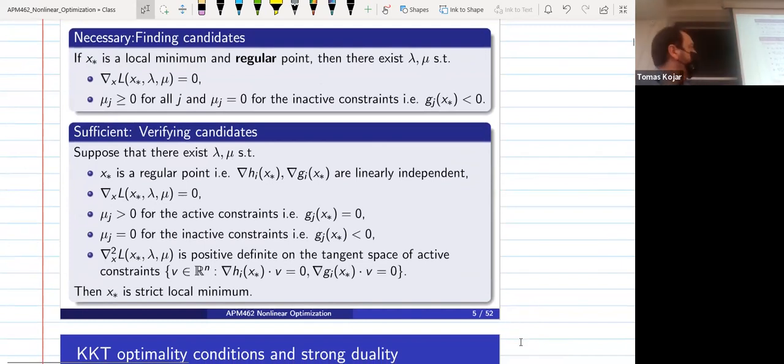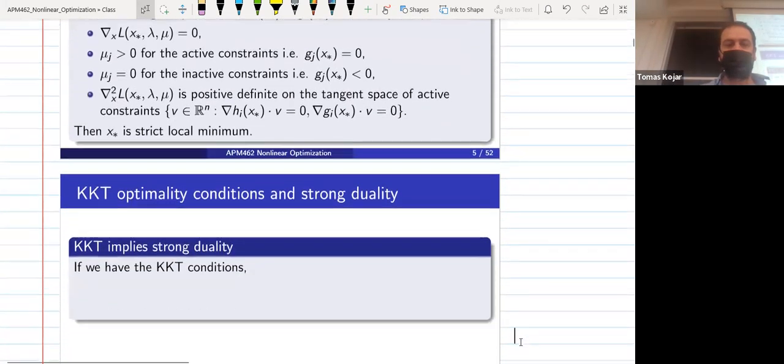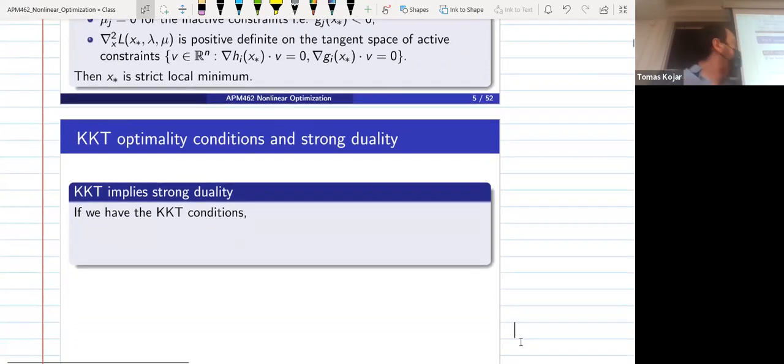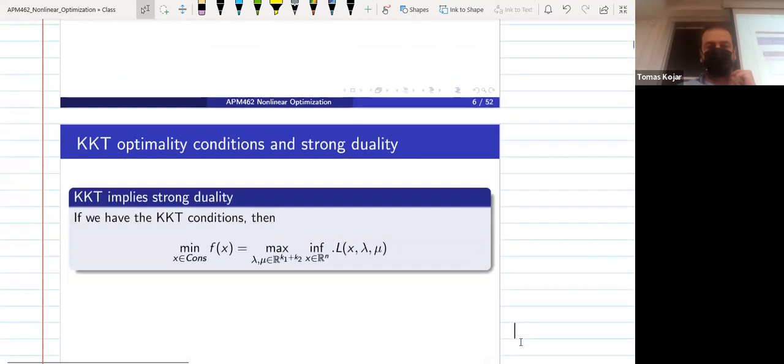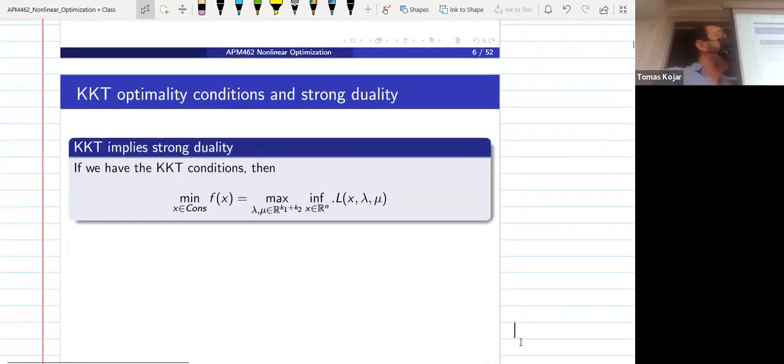One way you can have strong duality is like you do in the midterm, you just check through all those guys. And if you have them, you have strong duality. So I want to do it carefully this time. So the claim is if you have KKT, then you have strong duality. Okay.